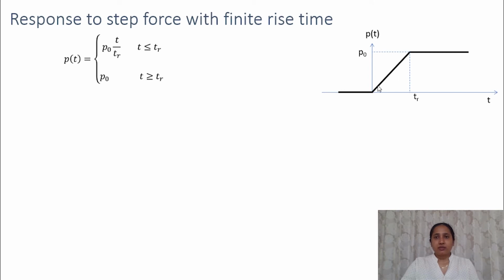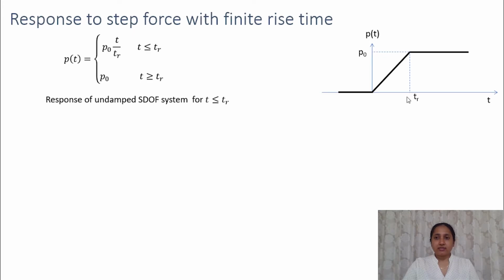In this case, the forcing function is equal to P naught T by TR when the time is less than TR. After TR, the forcing function changes, then it is equal to P naught. So let's find the response.